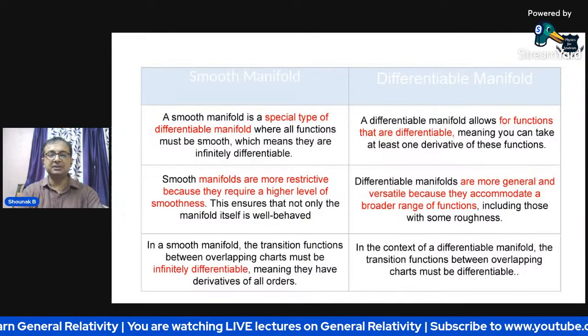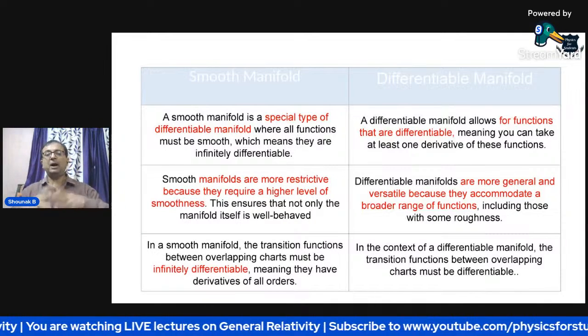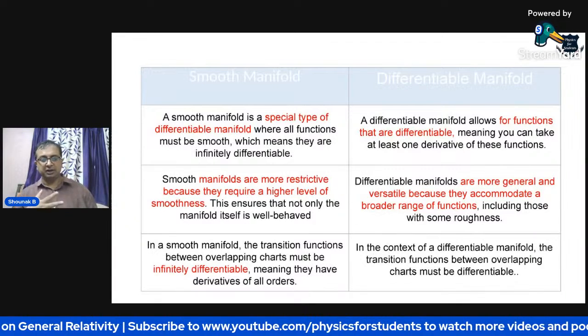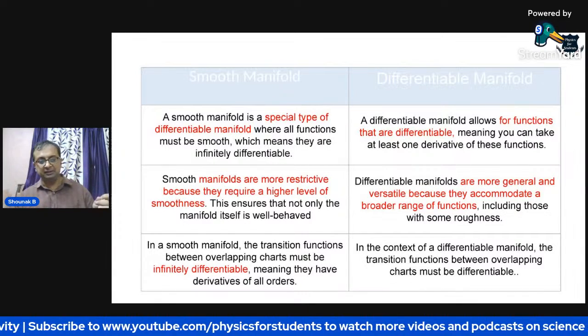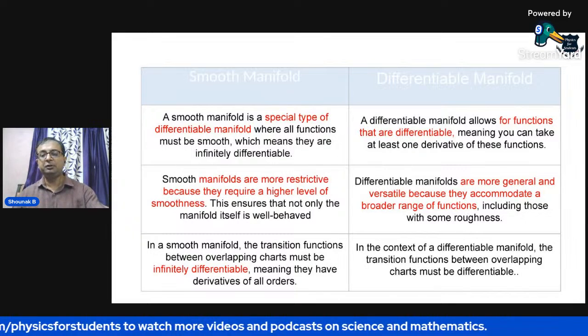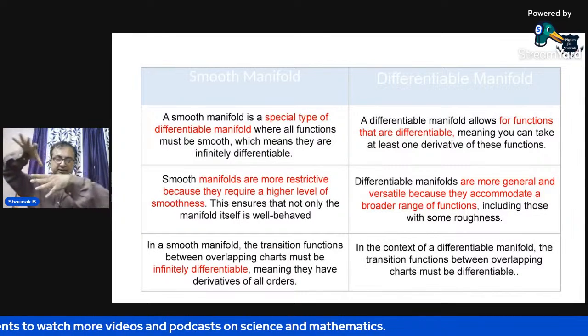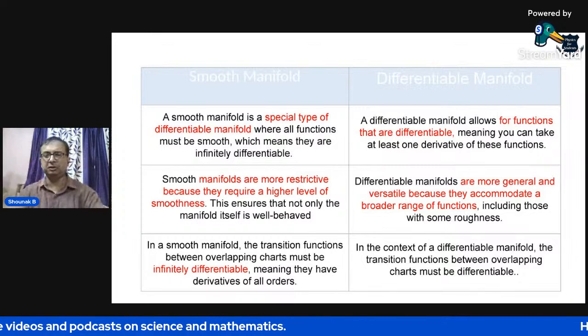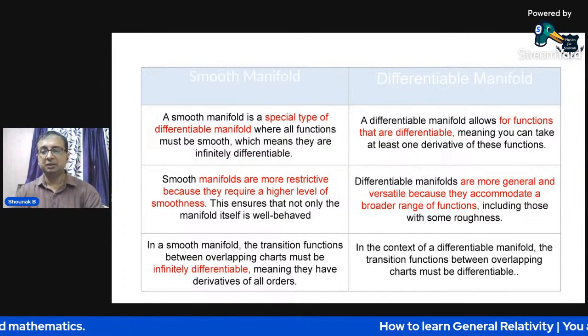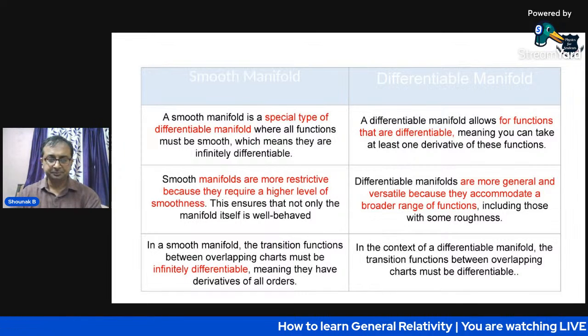So this is actually a very wide range. And in a smooth manifold, the transition functions are infinitely differentiable. In the context of a differentiable manifold, the transition functions between overlapping charts. That means one is getting overlapped. I will show you the pictorial diagram. This will come when we are dealing with manifold charts and atlases, the smooth and differentiable manifold.